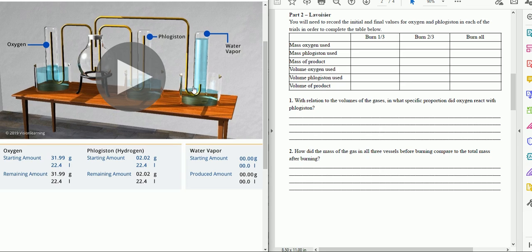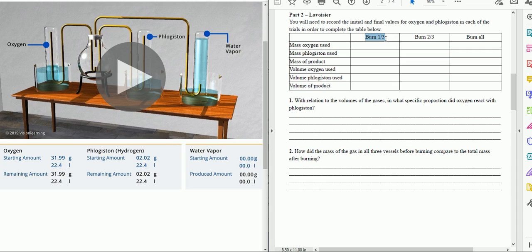Now, before I get into describing how this apparatus is set up and how you can actually tell that water vapor is a product, I want to point out how to fully complete this data table here. This animation is going to take about 12 seconds. What I'm asking you to do is fill out all 6 of these data points at the 1/3 mark. Well, 1/3 of 12 is about 4.